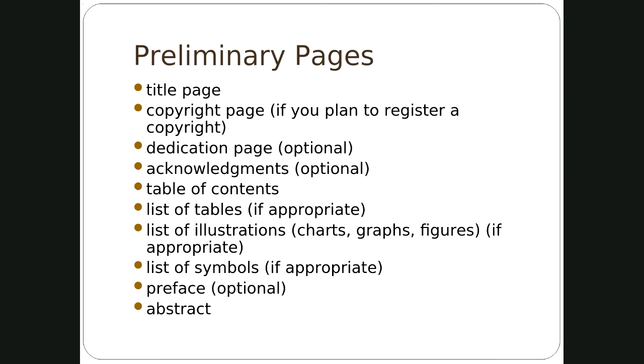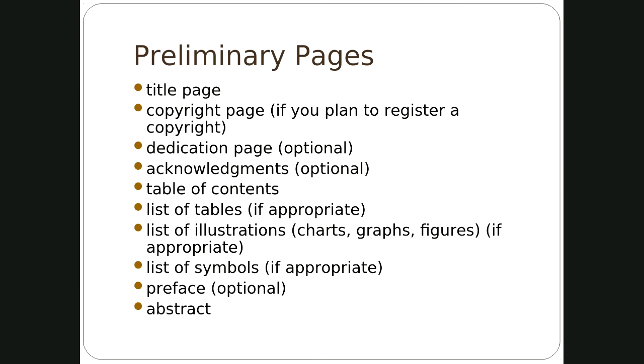You've got your cover page, that's your title page. Then, if you're going to do a copyright, you include a copyright page, then the dedication page, which is optional, then the acknowledgments, which is optional. Then you have to have your table of contents. So mandatory, you have to have your title page, table of contents, and your abstract. Those all have to come beforehand.